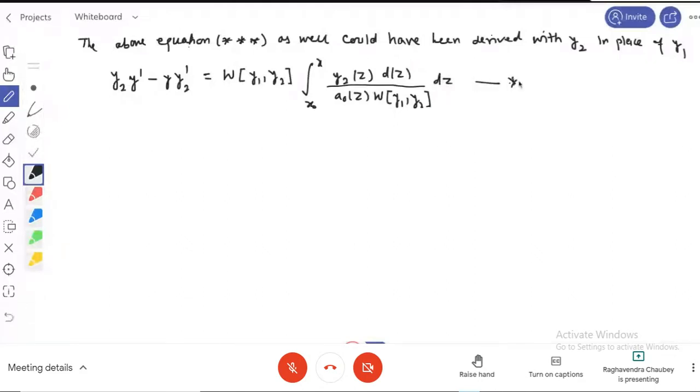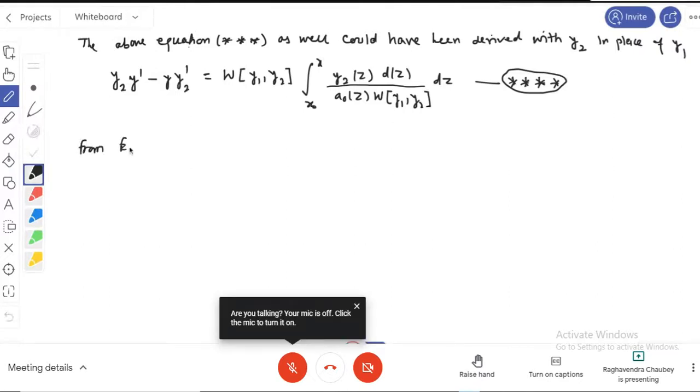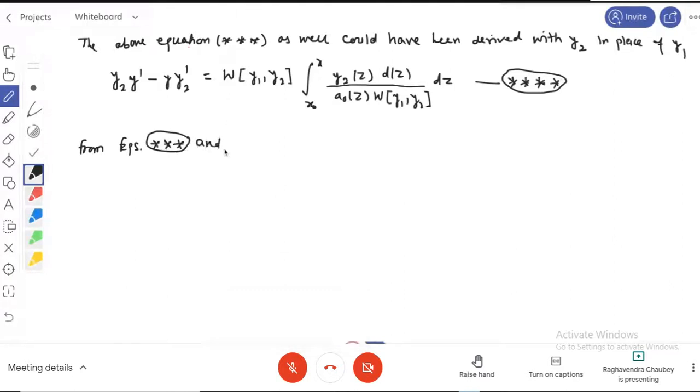Okay, and say this is your next equation. Okay, so from above two equations, from equations 3 star and this 4 star, you can easily obtain.